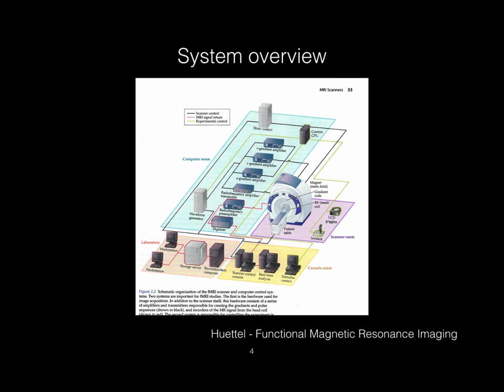Okay. So schematically, this is what an MR suite looks like. When you enter one of our suites, you probably walk right into the control room area. There'll be the computer controlling the scanner where you set up the scanning protocols. You may have some other computers for your experiments.